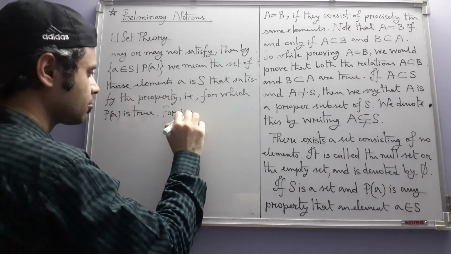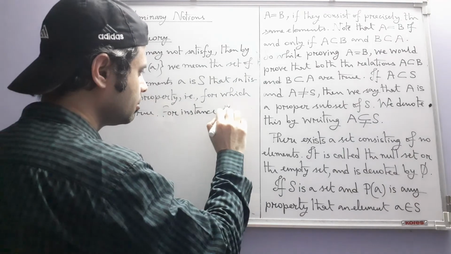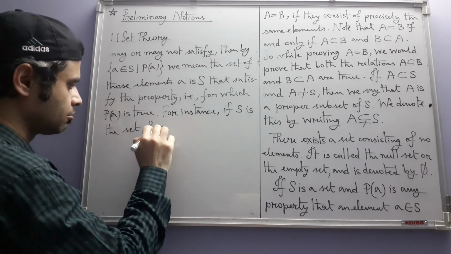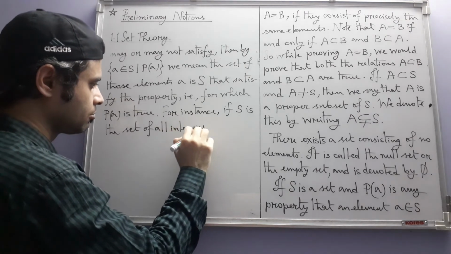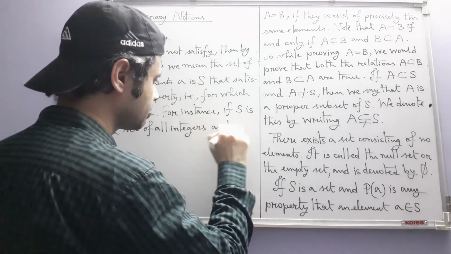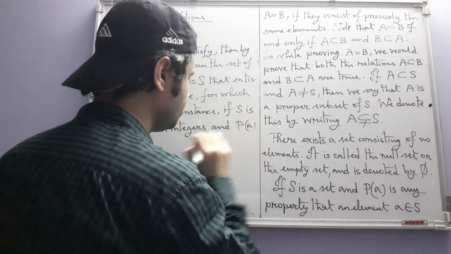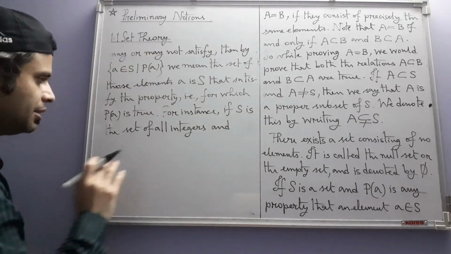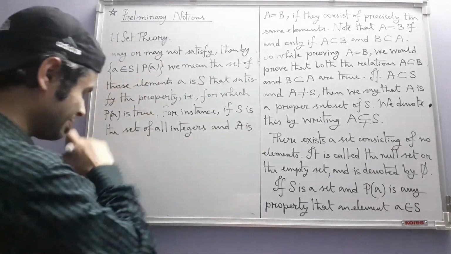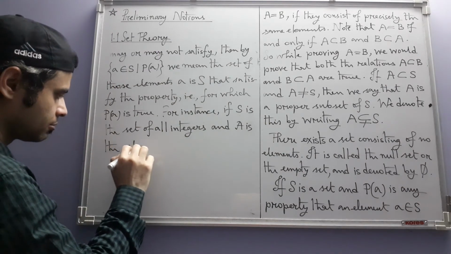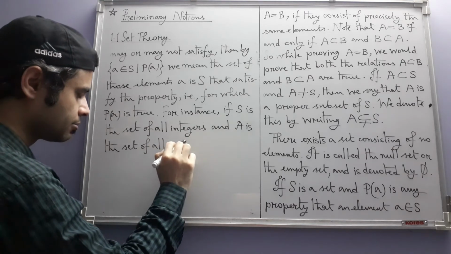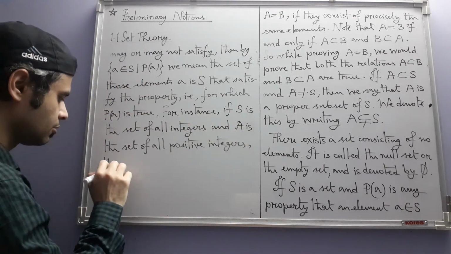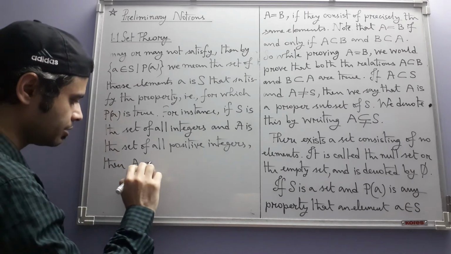For instance, if S is the set of all integers and A is the set of all positive integers, then using this notation we can describe A like this.